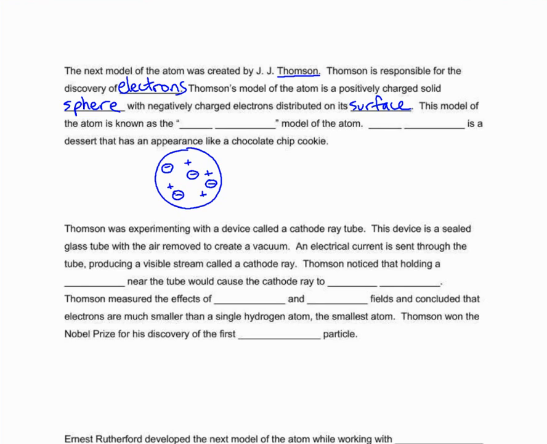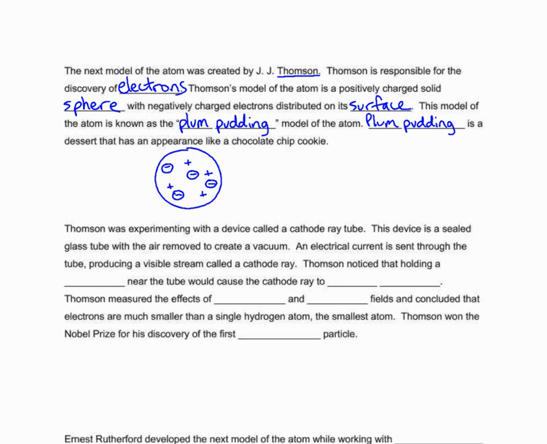This is an old model of the atom, and it is known as plum pudding. So plum pudding is a dessert not common in the United States. Seems to be an English thing. Around Christmas time, plum pudding is a dessert, and you can look up pictures of it.